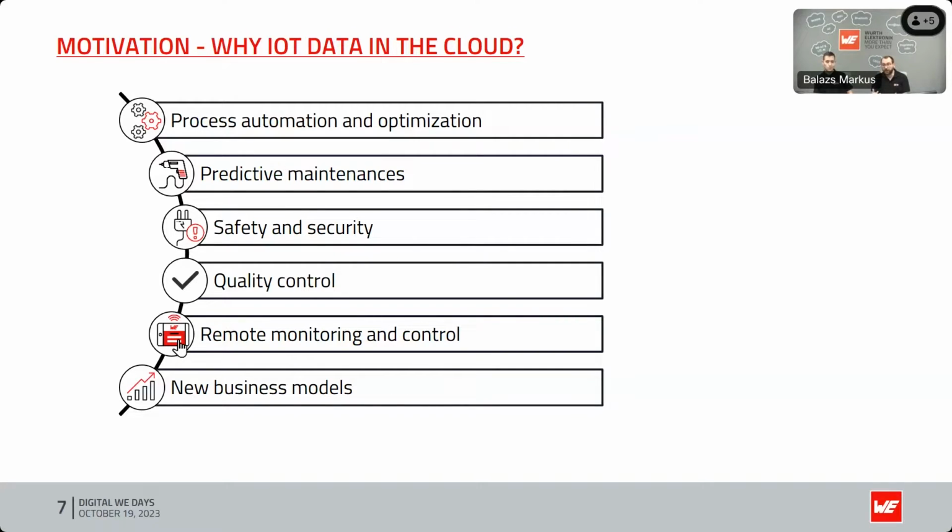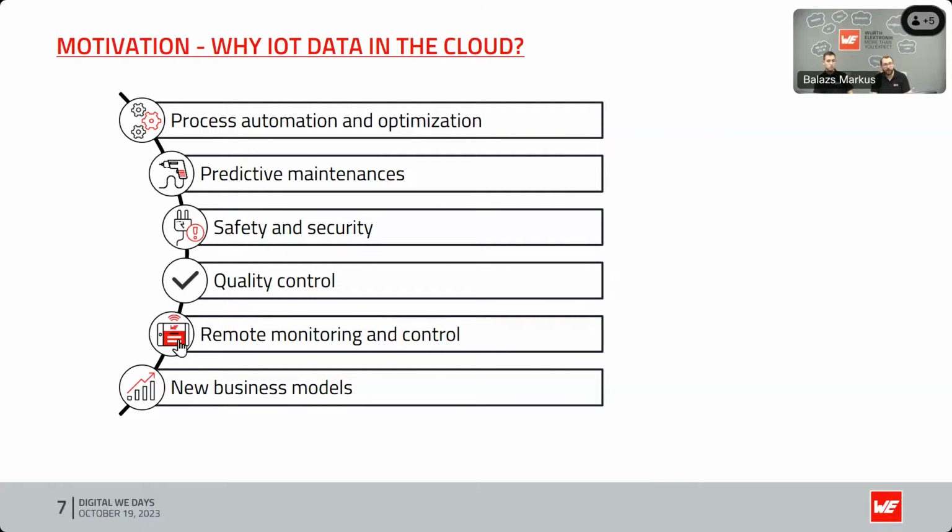So this allows the application owner to handle a huge amount of data, which are generated by IoT devices like sensors or control actors in the products or in processes.